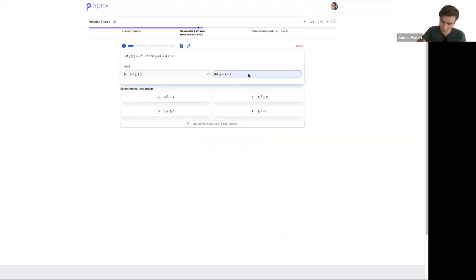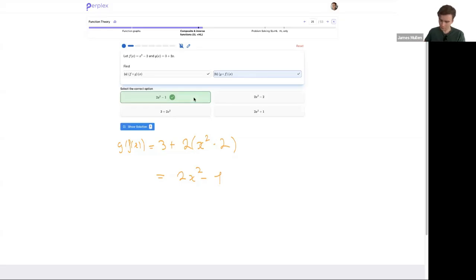So g of f of x is equal to 3 plus twice whatever f is, so x squared minus 2. So this is all equal to 2x squared minus 4 plus 3 is minus 1. And that is option number 1. Cool.